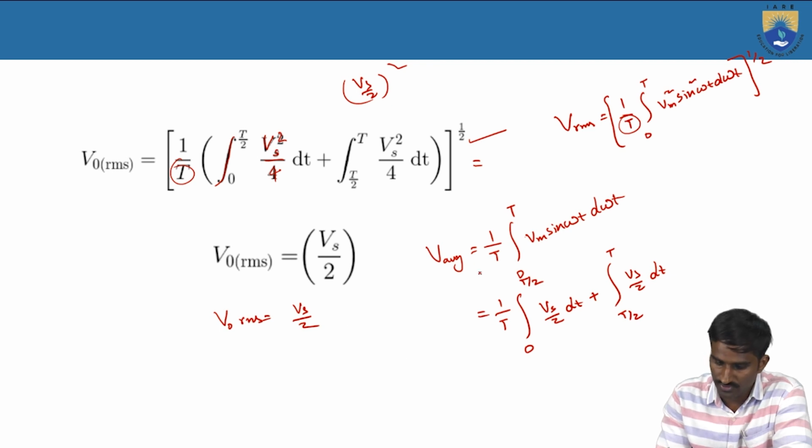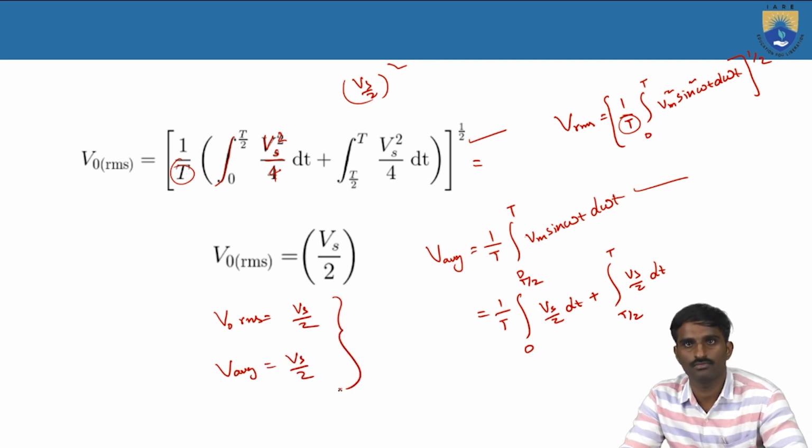Of course, if you simplify the V average also, you will get the same Vs by 2 for both the single phase full bridge converter and the half bridge converter, especially for the voltage VRMS and V average.